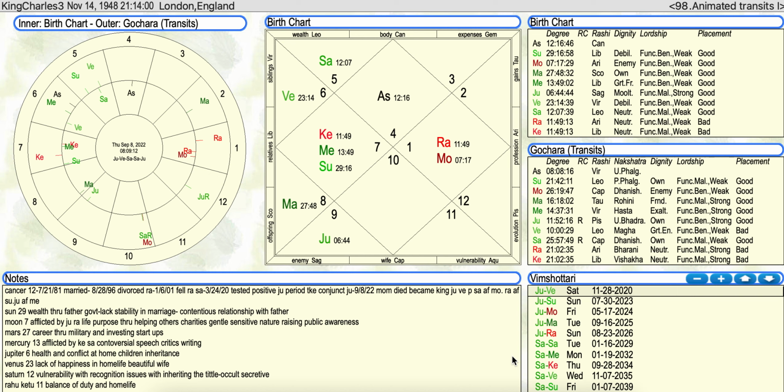Today we're going to look at the chart for King Charles III. If you look to the eastern horizon using the sidereal Vedic zodiac, you would see the constellation associated with Cancer rising at 12 degrees.